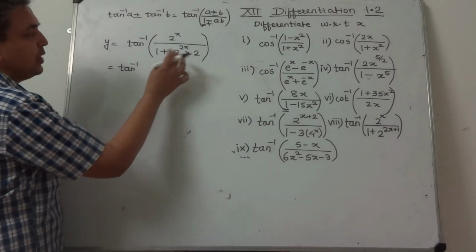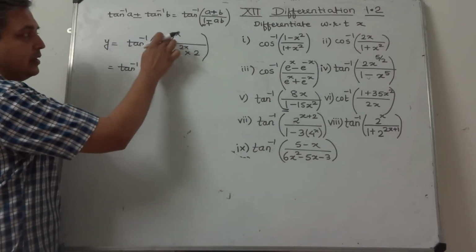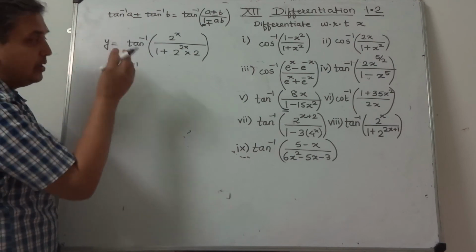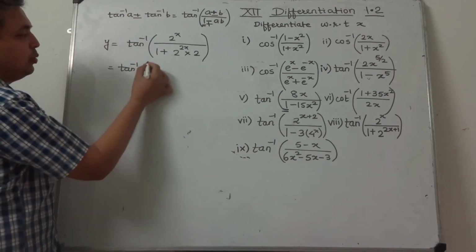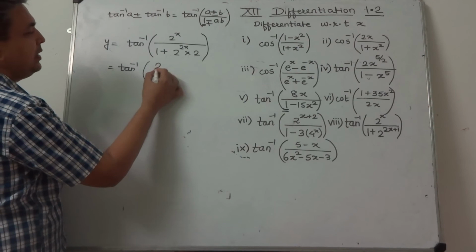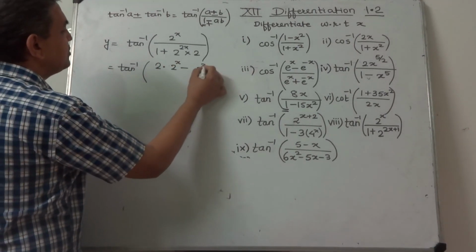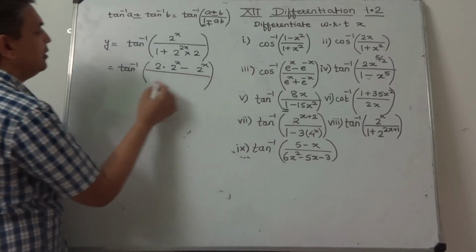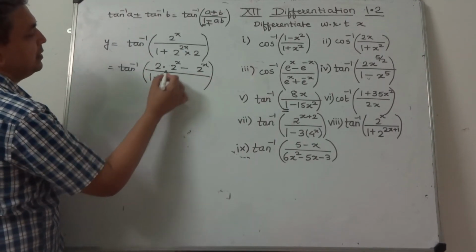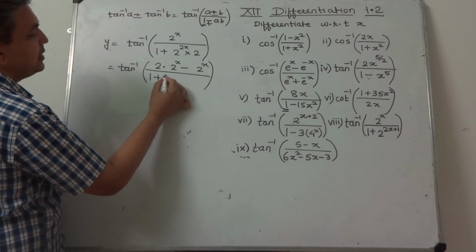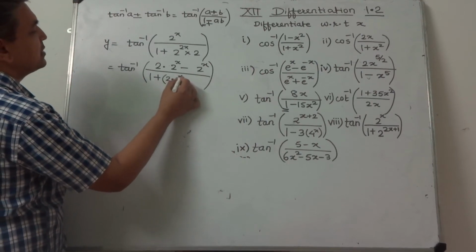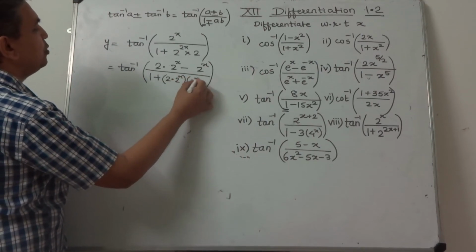This 2 raised to 2x is 2 raised to x whole square. There is 2 raised to x in the numerator. So each term must contain 2 raised to x. So can we write 2 times 2 raised to x minus 1 times 2 raised to x upon 1 plus, this term can be written as 2 times 2 raised to x into 2 raised to x.